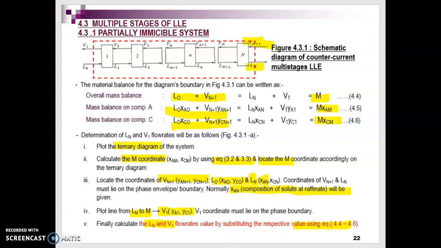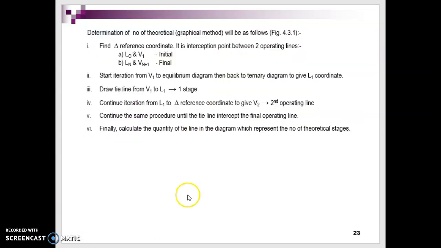Okay, so let us see the example. So we will see the steps for the determination of the number of theoretical stages. For your LLE, you must have the graph diagram for the given question. For this exercise, you just use the diagram that you have plotted previously on the graph paper.